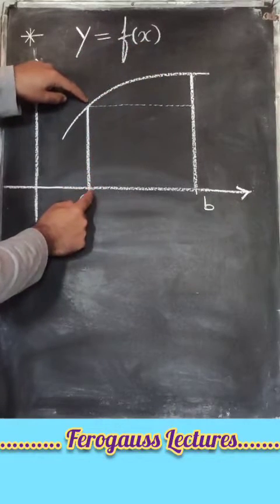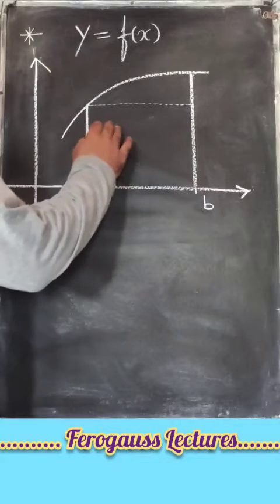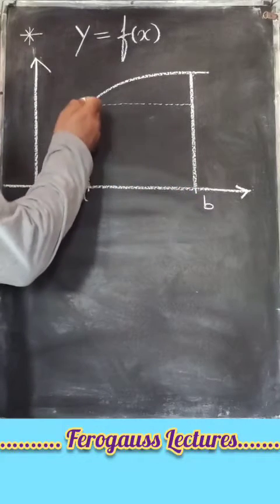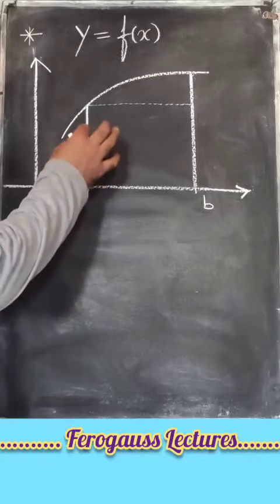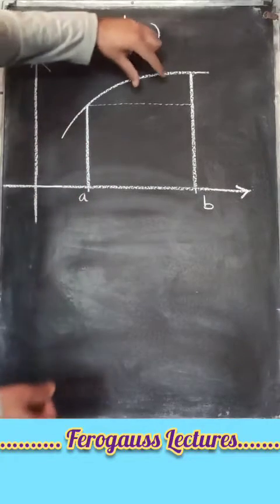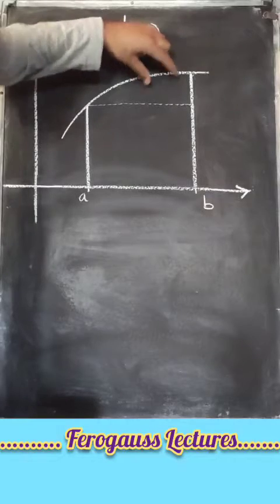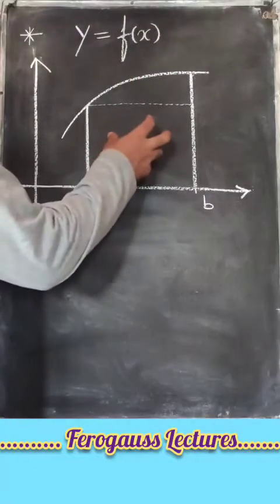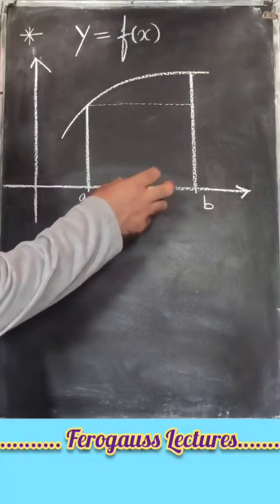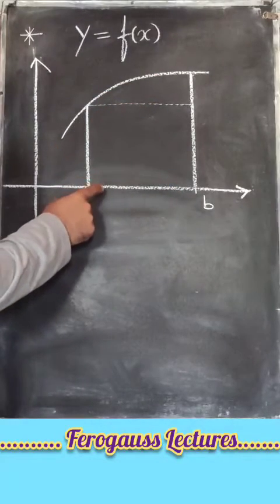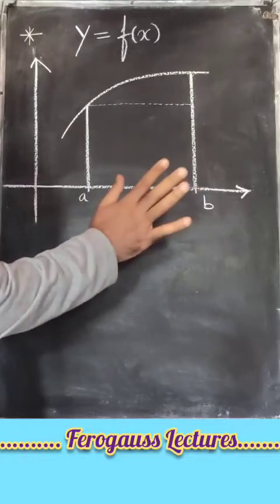So this side is equal to f(a). Thus, area of this rectangle is equal to (b minus a) into f(a). But there is much area left outside this rectangle. So we can say that area of this rectangle is not good approximation for the area under curve between two given points a and b.